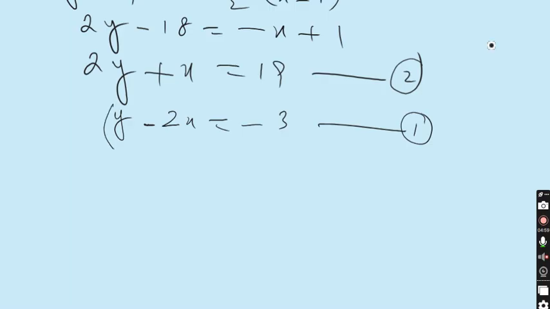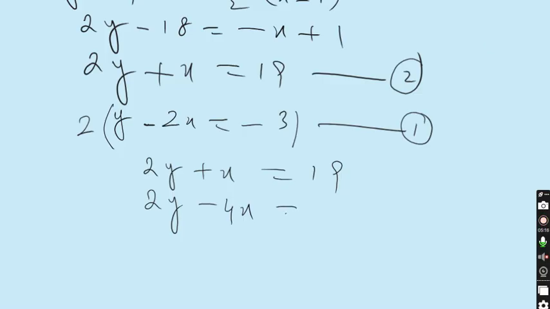I want to multiply this whole equation by 2 to get the same y. So equation number 2 is 2y plus x is equal to 19. Equation number 1 becomes 2y minus 4x is equal to minus 6.